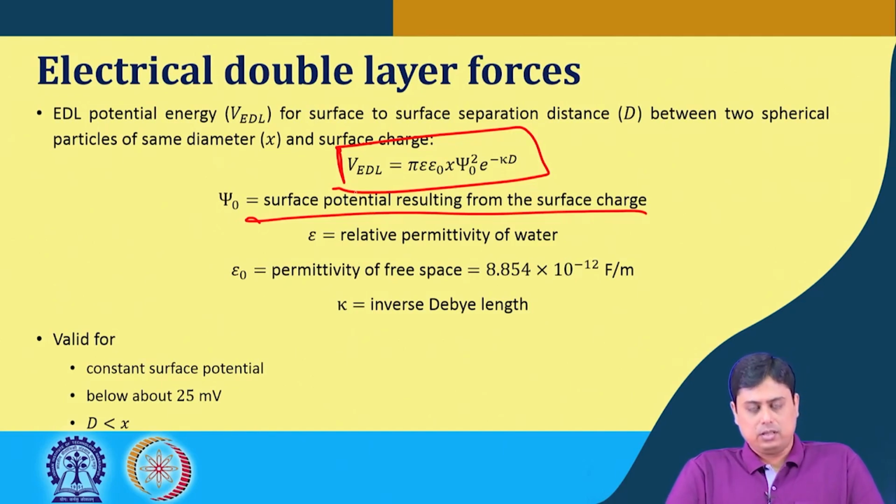Now this expression is valid for a constant surface potential below about 20 millivolt, and the other criterion is that the separation distance is much smaller than the particle size. If it is not, then it creates a more complex expression.